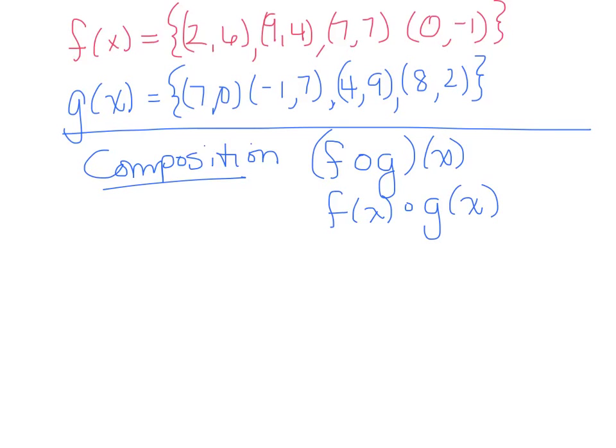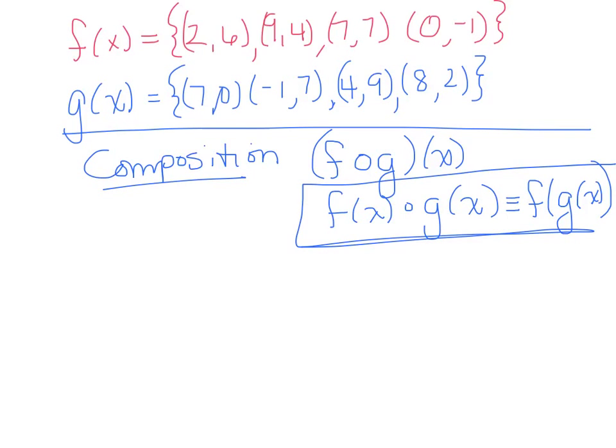Now what does it mean to do though? Kind of the definition of this is it means take the function of the result of g of x. Okay, so that's a working definition for us for a composition, and let me show you a little bit what that means by using these two functions I've shown up above.